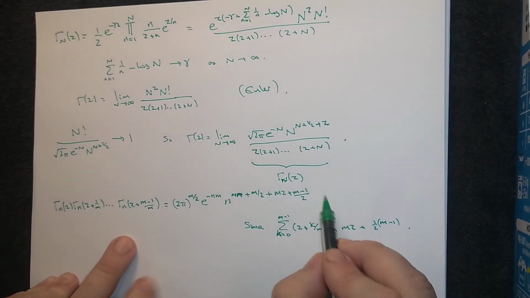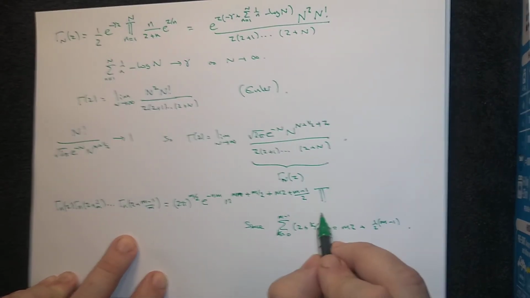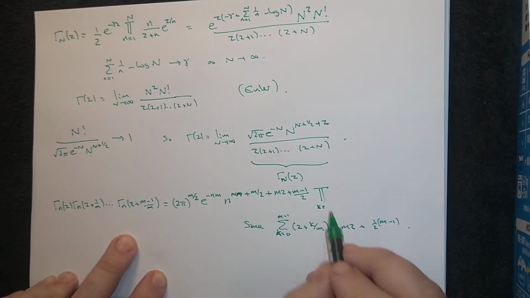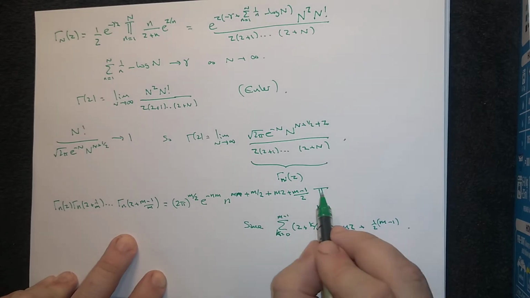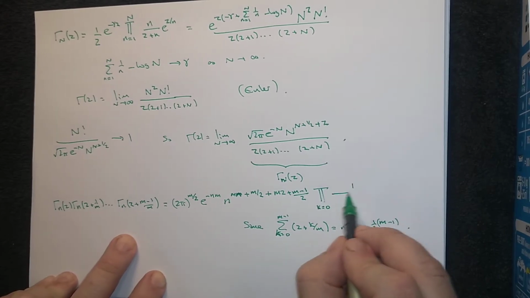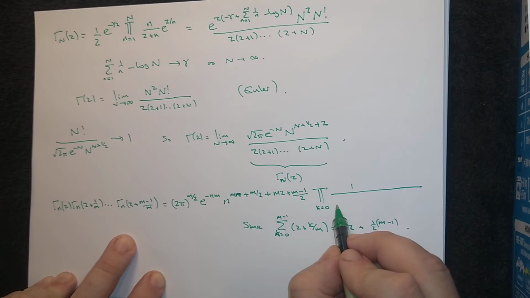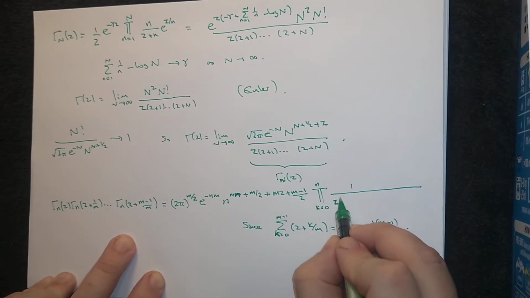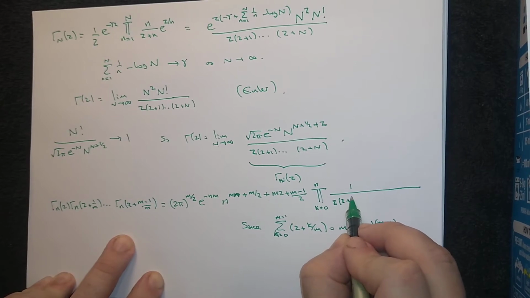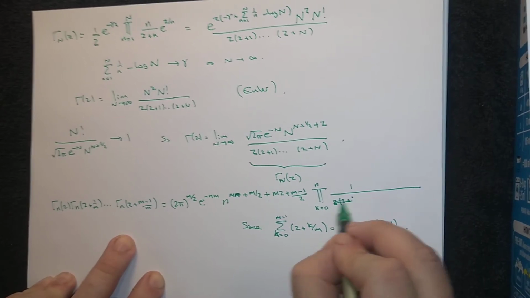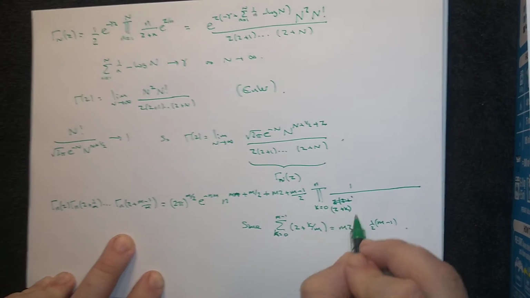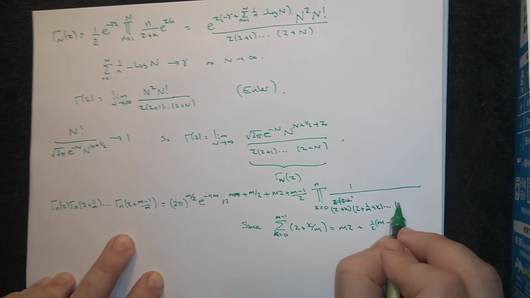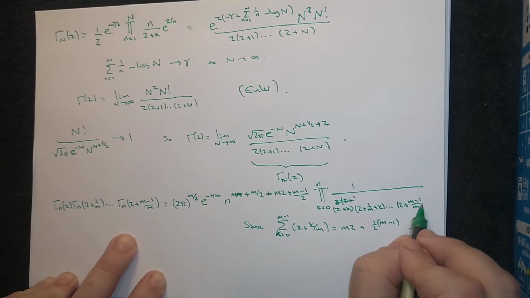I need to put in the product here. We have the product from, say, k equals 0 to, actually let me write this thing in first. We get, that is actually n, z plus k, z plus 1 over m plus k up to z plus m minus 1 over m plus k.